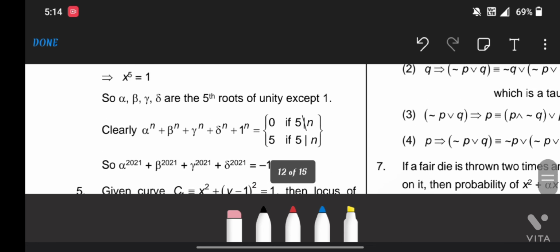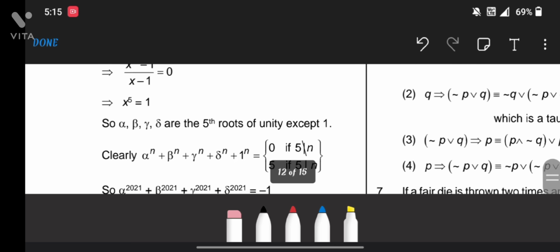Let the equation of the circle be (x minus a) whole square plus (y minus b) whole square is equal to b whole square.